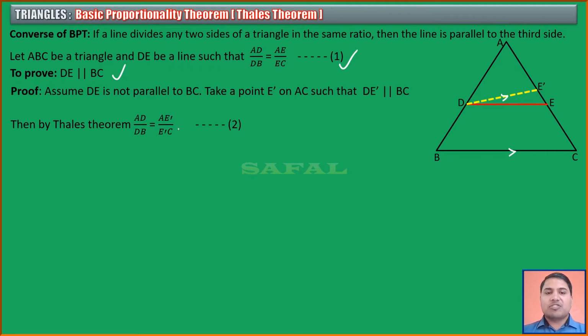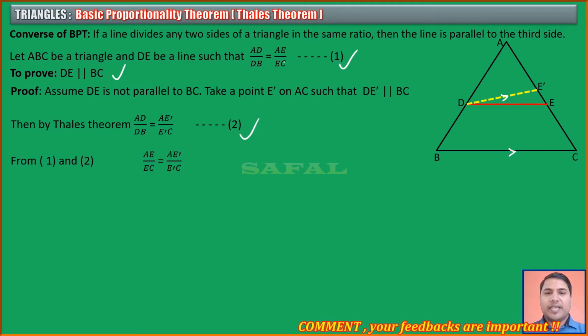Now in triangle ABC, I can see that DE dash is parallel to BC. So by Thales theorem, the theorem we just studied, I can write AD by DB same as AE dash by E dash C. Now this I am calling equation 2. From 1 and 2 you can see that the left hand side of both equations is AD by DB, so the right hand side must be equal.